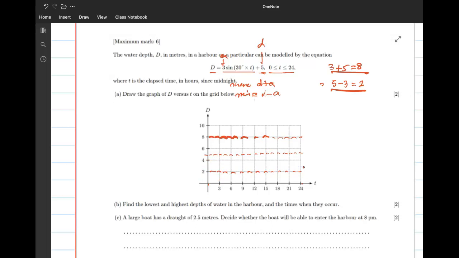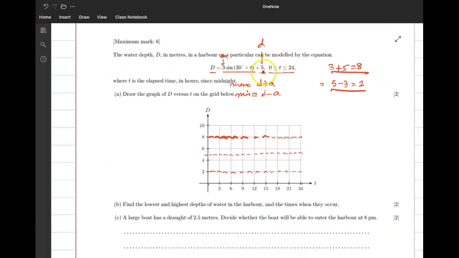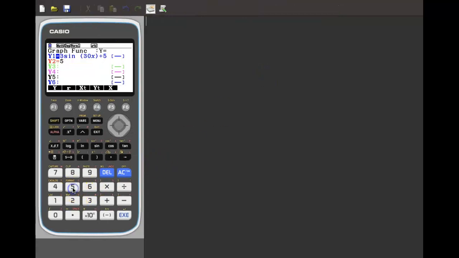Now the period is 30. So what you need to do in this case is look at this graph. Now we are getting 2 lines over here. So I'll press exit, and my midline is 5, I know that. So I press 5 over here. Correct? So this is my midline. I'll see where they intersect.